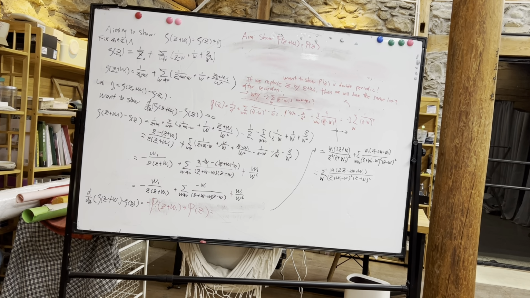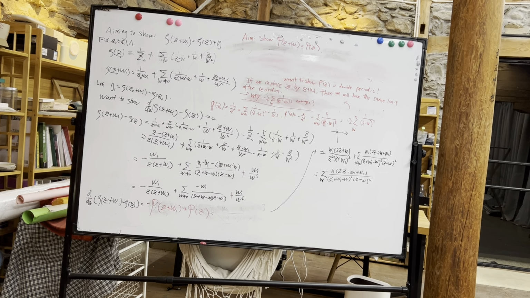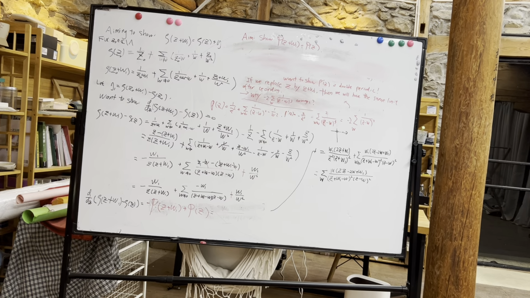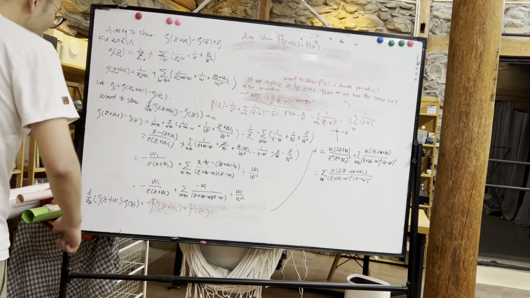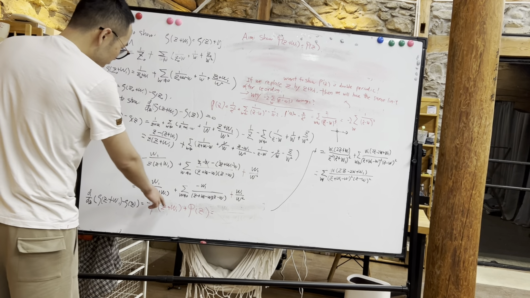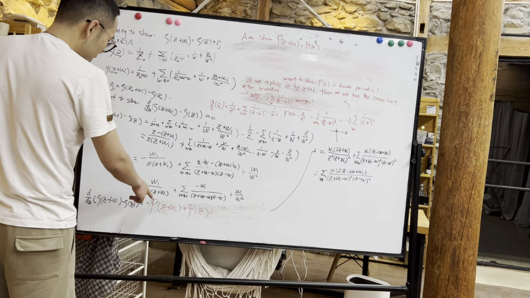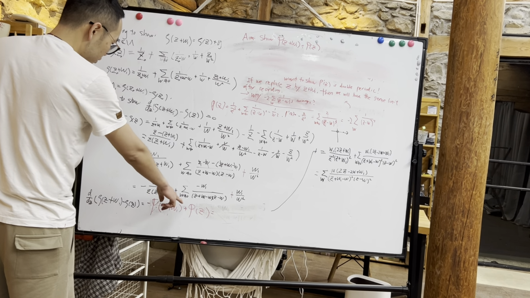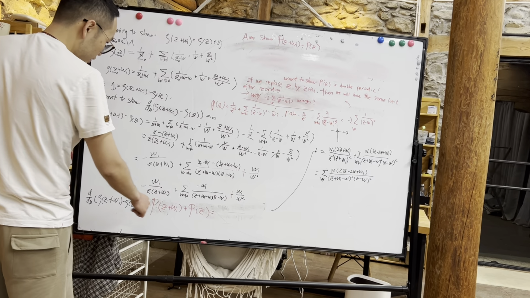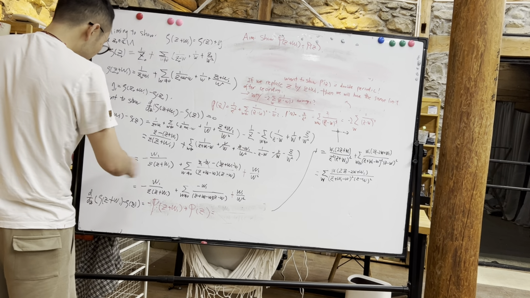Anyway, I showed that this p is periodic. So this is equal to 0. Okay. So yeah, basically we're done.